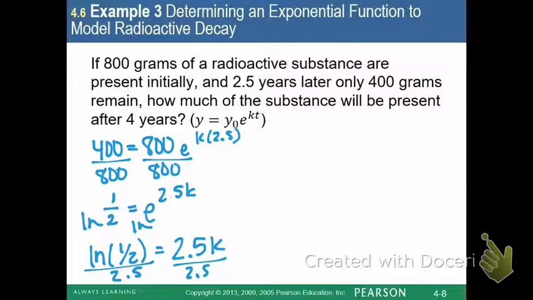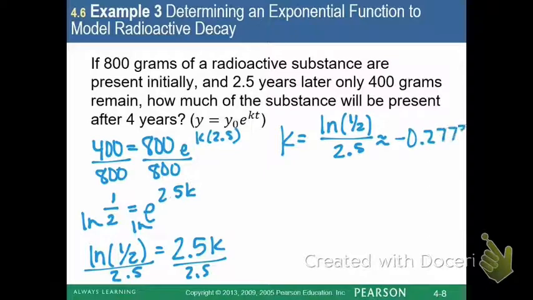Now this time I am going to go ahead and find a decimal answer because I need to be able to plug it in to find the second part of the problem here. So this is what I need to plug into my calculator: natural log of 1/2 divided by 2.5. When I do that, I should get negative 0.2773.